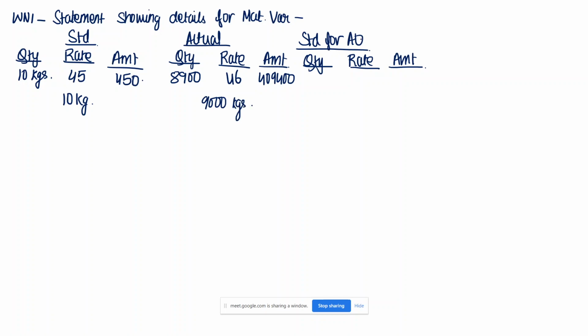Okay, coming to standard for actual output. Now you need standard for actual for 9,000 kgs. Divakar, why did you say 10,000 that time? Got it? Yeah, so that would be 9,000 kgs at 45. That is equal to 4,05,000. Fatafat give me MCV, MPV, and MUV with the formulas.